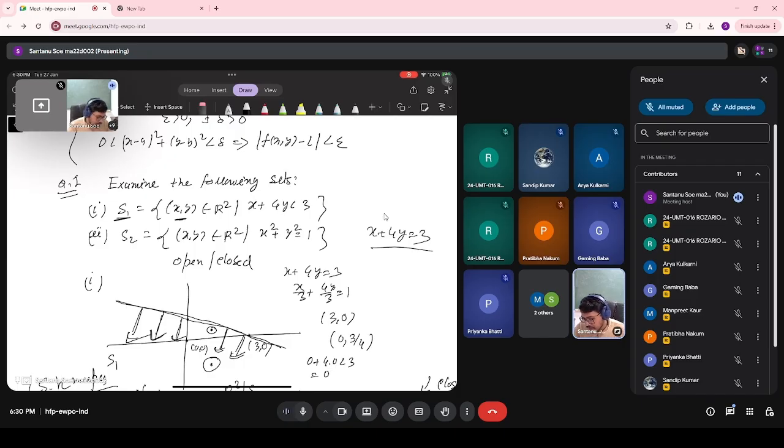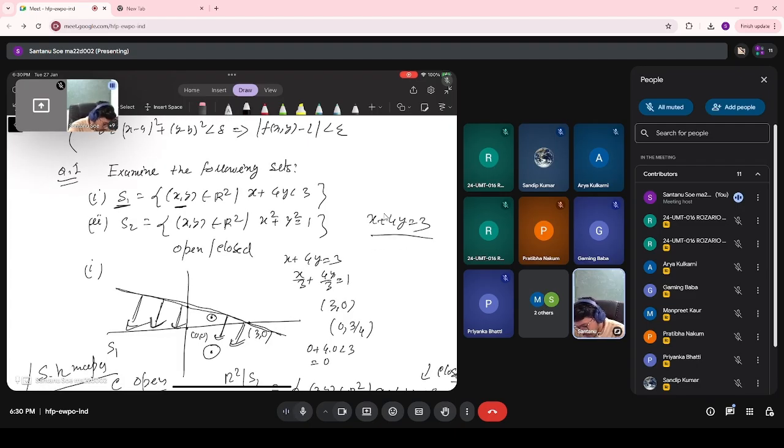Now here I'm making an observation that the set S1 is nothing but the inside of the line x plus 4y equals 3. Since we need points with x plus 4y less than 3, this will be the region. For example, the point 0 comma 0 belongs to this region S1.